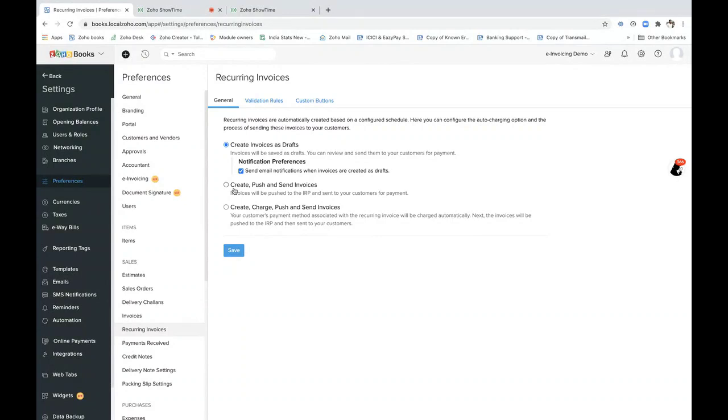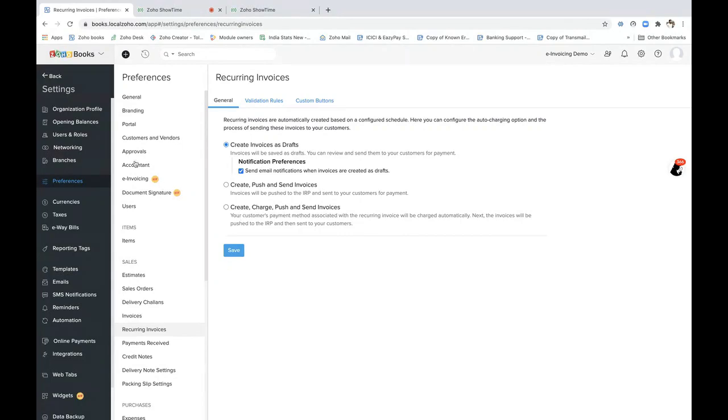Or you can choose create and charge the customer, in case of recurring payments, if your customer has added a credit card. And you push these to the portal, that is, Zoho Books automatically does it, and you send it to the customer, that is again Zoho Books does it for you.